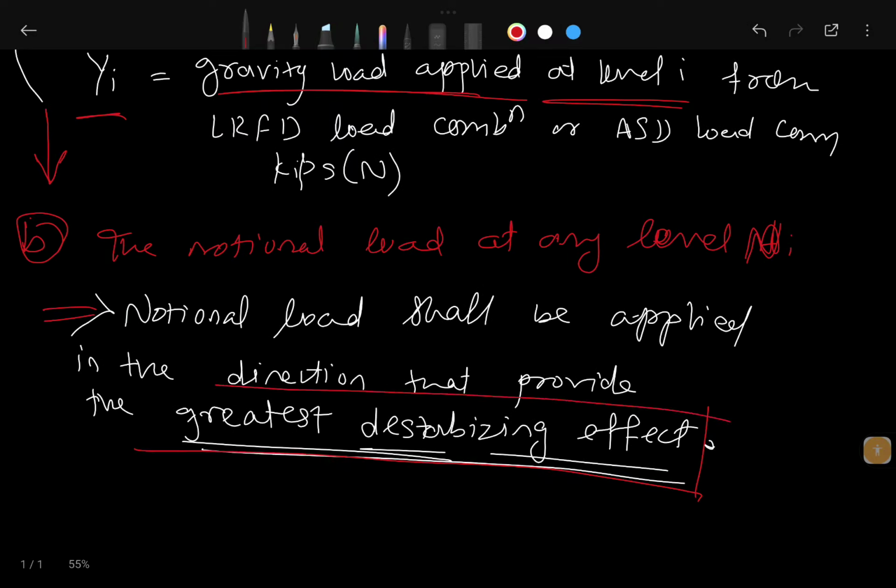So whatever the load that destabilizes the structure, then we use this notional load.